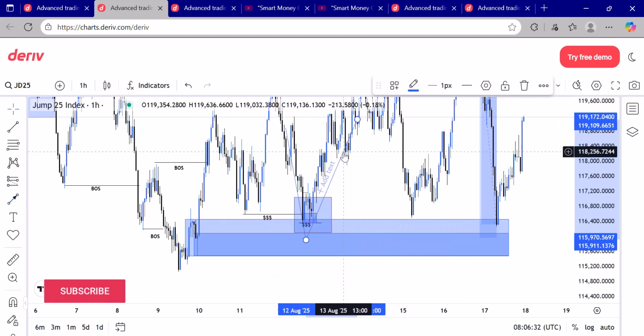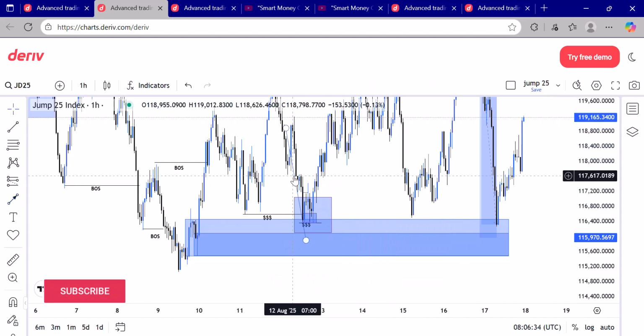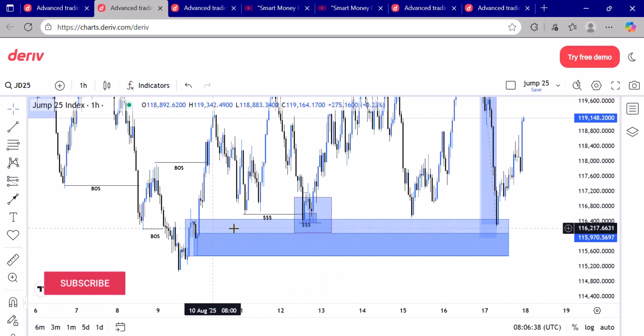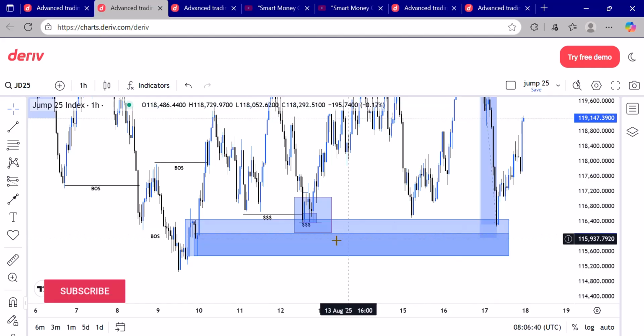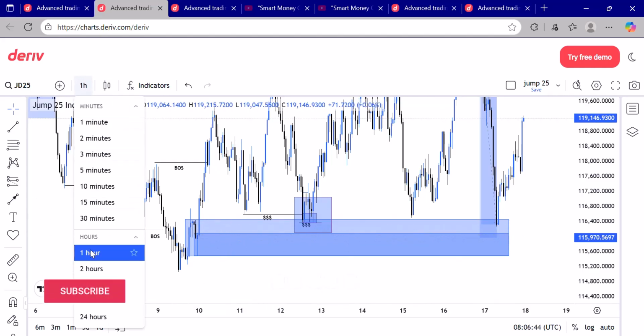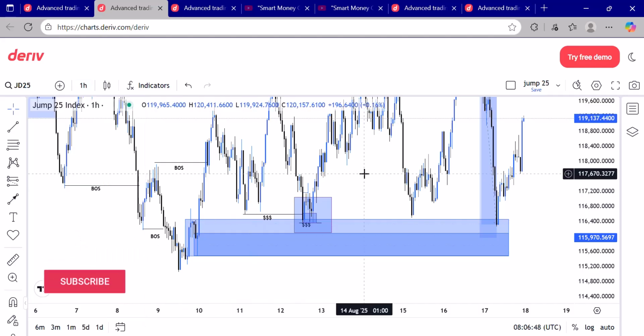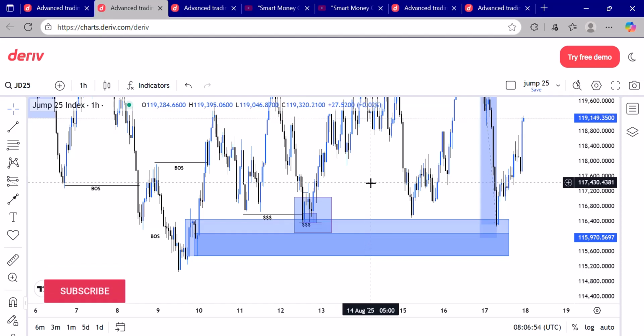That's what we were looking out for. Price never did that, meaning we over-refined this. We used the 1 hour zone, when we should have just stuck to the 2 hours zone, because it's a top-down analysis.